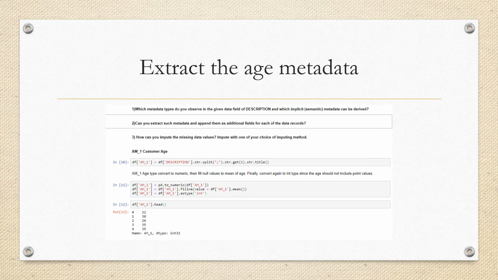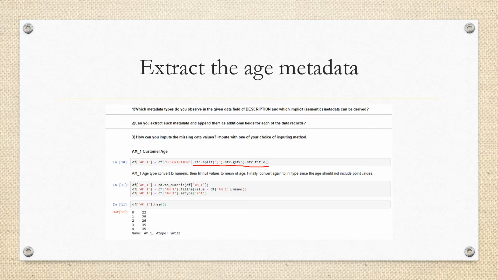This slide aims to extract the metadata from the description attribute. In the beginning, I use the string split function to pick the final content after the last semicolon. However, the new column still includes null values after extracting.